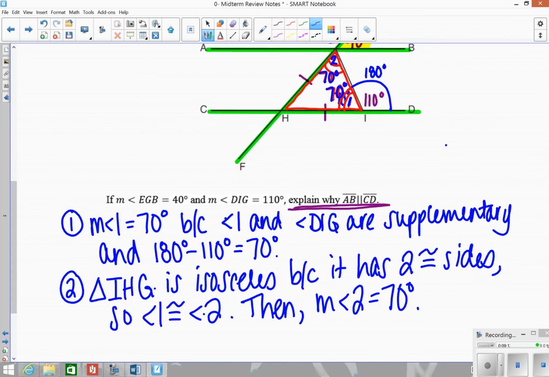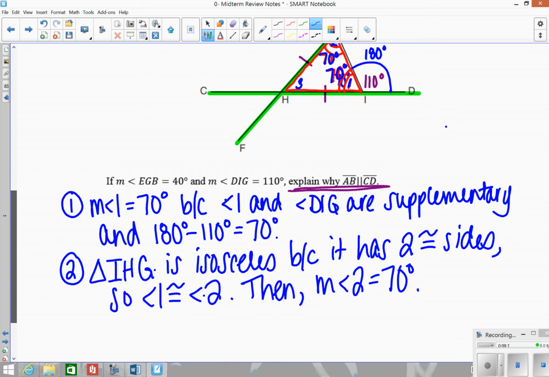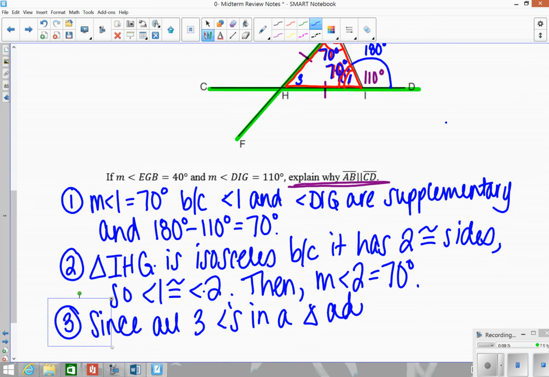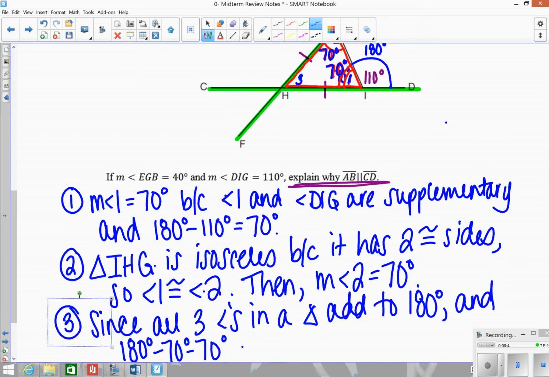I'm going to put angle 3 here though, because I don't want to say angle H, because there's more than one angle H. So now I can say, since all 3 angles in a triangle add to 180, and 180 degrees minus 70 minus 70, so 70 plus 70 is 140, so 180 minus 140 is essentially what I'm doing, is 40.